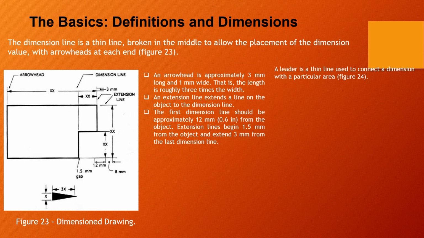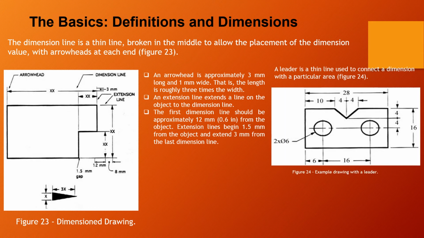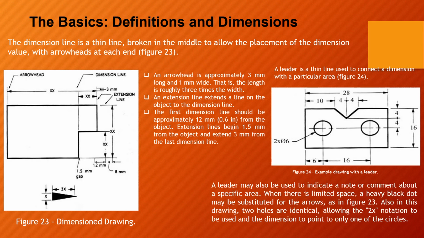A leader is a thin line used to connect a dimension with a particular area. You can see in figure 24, an example drawing with a leader is given. A leader may also be used to indicate a note or comment about a specific area.